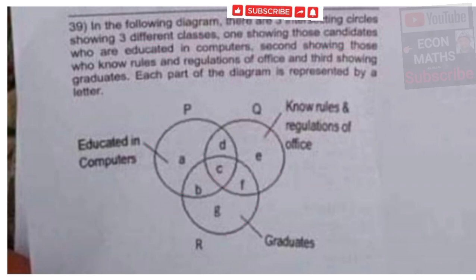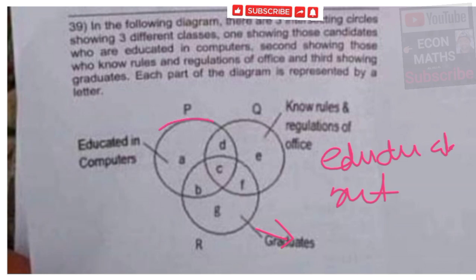Okay, so we are told to find the class, rather the area, which represents the educated in computers but neither graduates nor know rules and regulations of the office. We have to show the area which represents the educated in computers but neither graduates nor know rules and regulations of the office.